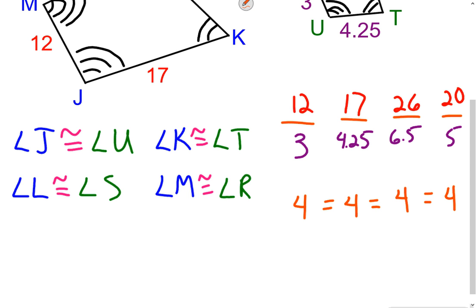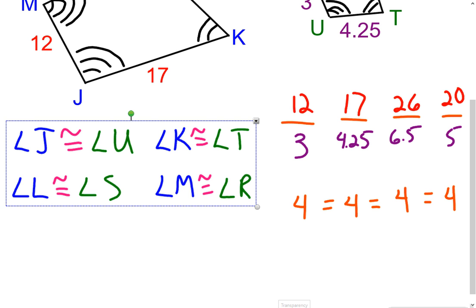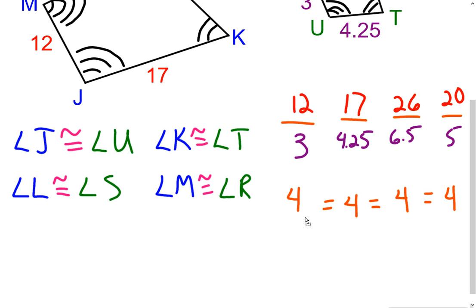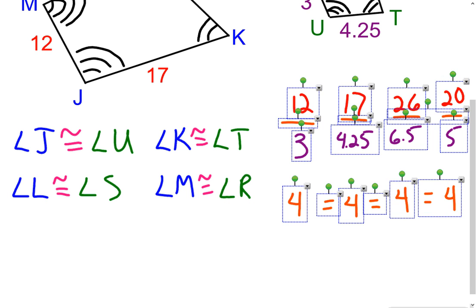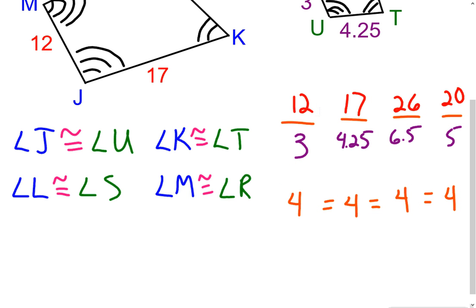All 4 of my ratios are equal. That means that my sides are proportional. So we had all of our corresponding angles being congruent, and here we have all of our sides being proportional. Therefore, we know that our 2 quadrilaterals are similar.